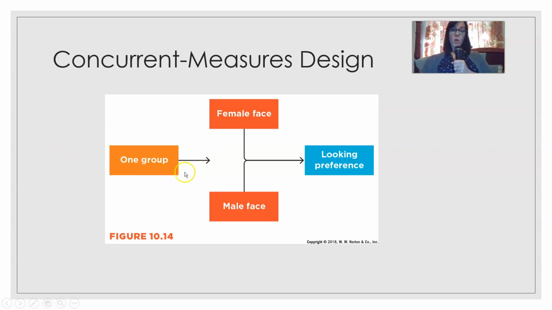So we present one group of infants with a female face and a male face, so they get both of the stimuli concurrently. That's why we call it this. And then they either are going to look at the female face longer or they're going to look at the male face longer. By and large, we do find that the majority of infants spend longer times looking at female faces. But this is another example of a within subjects design.